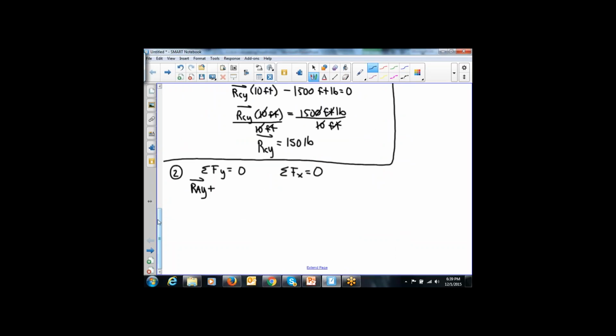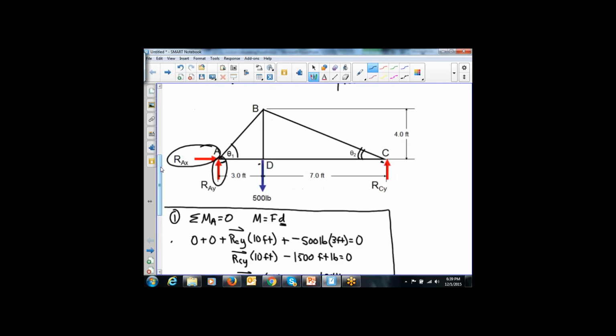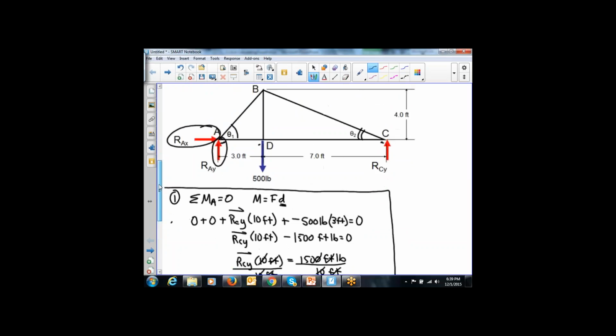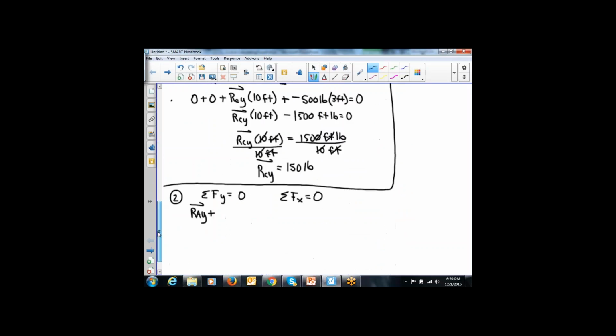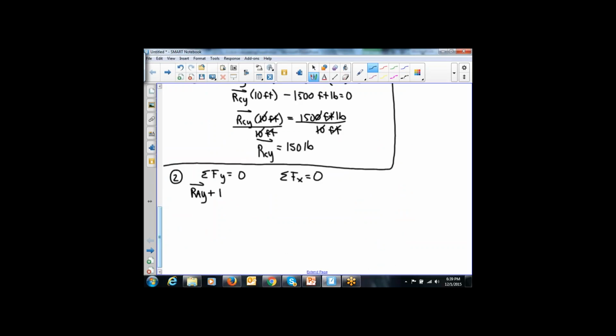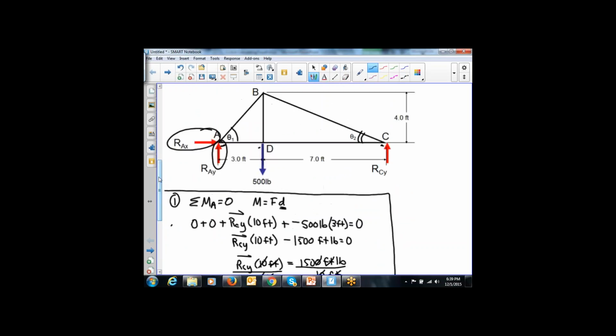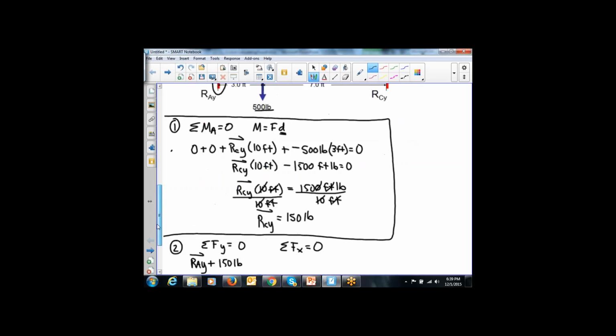I look at joint B. Joint B doesn't have any go-up, down forces, so I'm not going to worry about it. Joint C, I now know that joint C has 150 pounds going up. So I've got 150 pounds going up, so it's positive. And then I'm going to add to that what's going on here at D, which is 500 pounds going down.